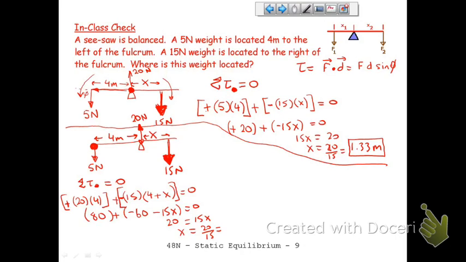Yep, that's right. That's minus 60, so 20, and then minus 15x. So 15x equals 20, which is 1.33 meters. So x is 1.33 meters. Same answer, got by a completely different way.